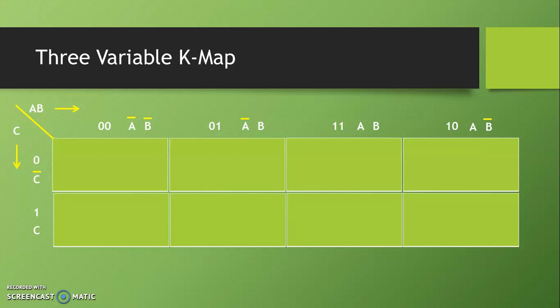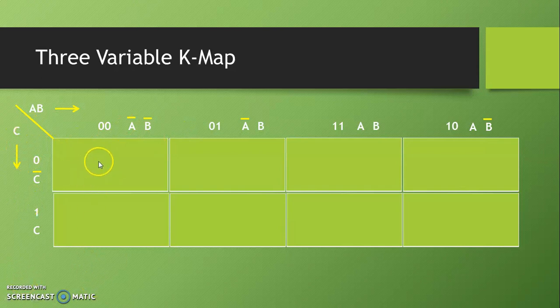Now if we write binary values for each cell, we have to follow ABC. A is the most significant bit and C is the least significant bit. So for binary numbers, we have to take AB from the horizontal plane, that is values of AB, and for C we have to follow this vertical plane.